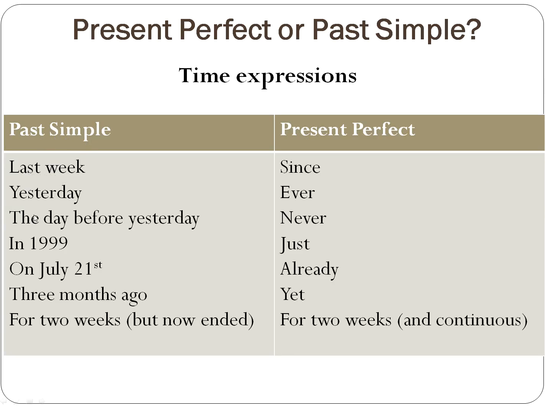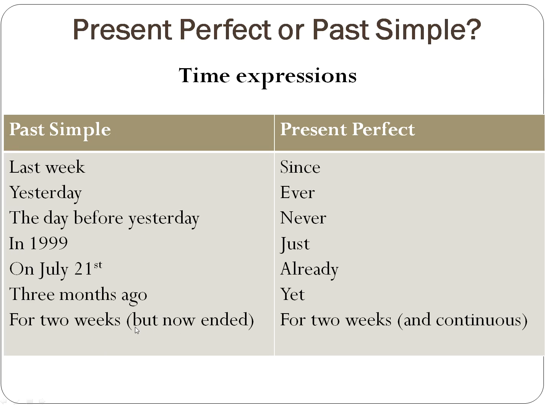Yesterday, the day before yesterday, in 1999, in 2007, etc. So a definite point in the past, a clear point in the past, okay? On July the 21st, 3 months ago. So whenever you have the adverb ago, you're going to use the past simple.